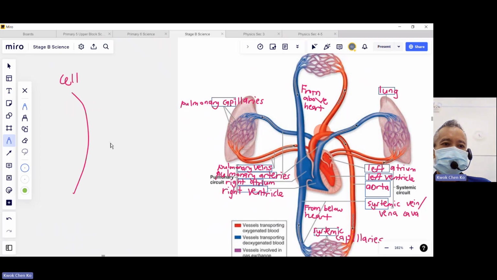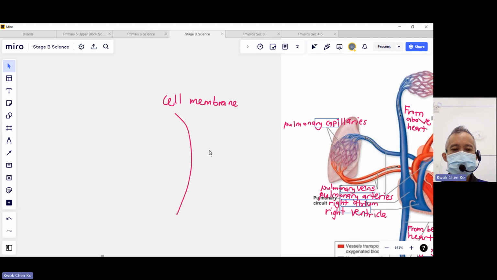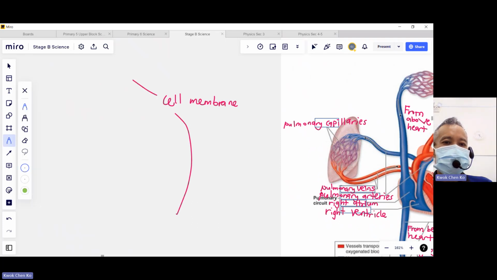Cell membrane has a property that you need to mention. It is considered partially permeable. I believe your textbooks will be using this term, partially permeable.